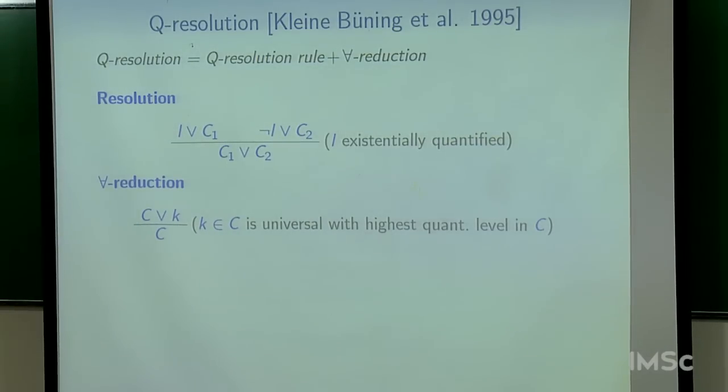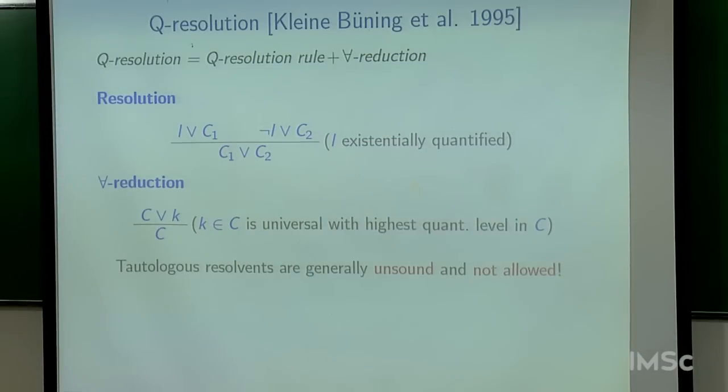It's a unary rule: you take a clause C containing a universal variable k, where k has the highest quantification level in C. Here, highest means more right, the rightmost quantification level appearing in the clause C. From that, we can simply drop it. I could have explained why this is sound on the blackboard, but unfortunately I don't think I have time.